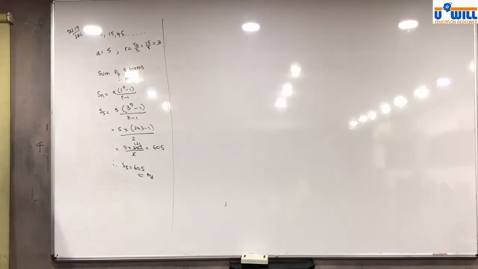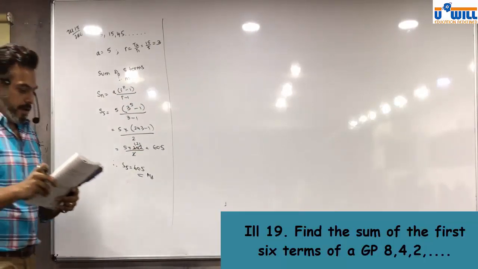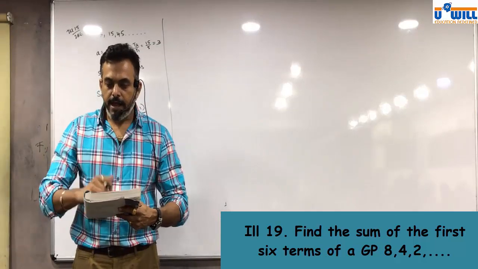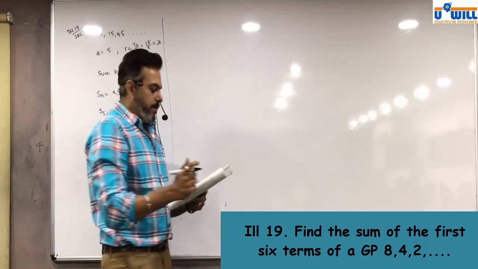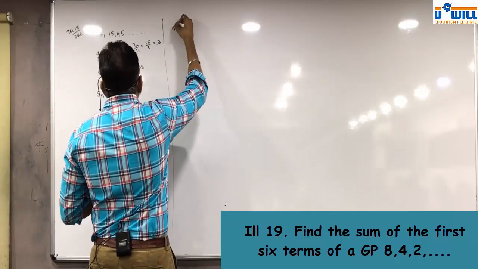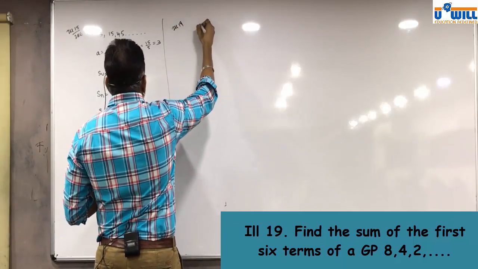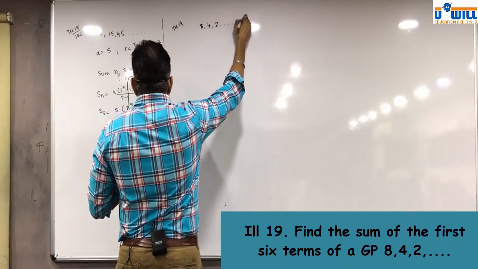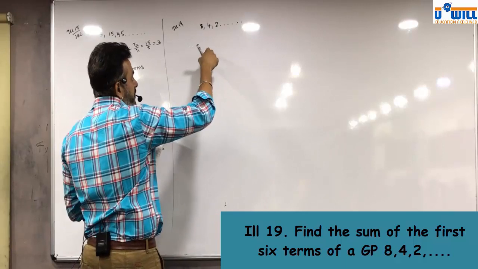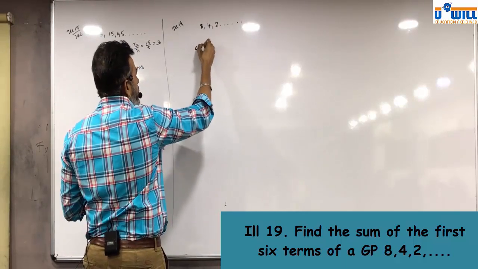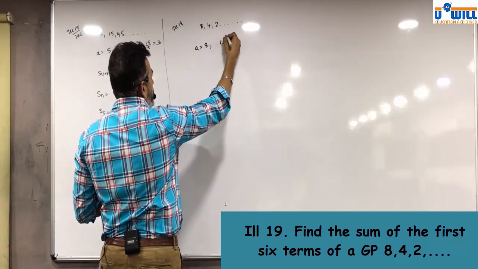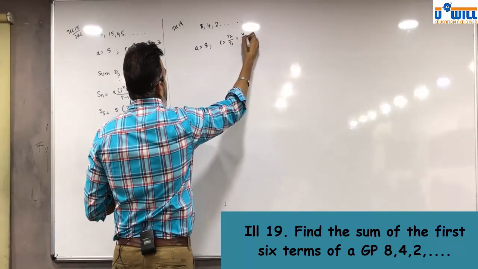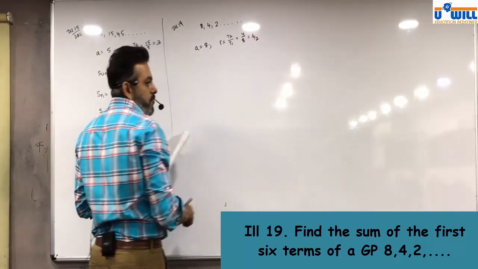Okay. Illustration 19. Find the sum of first 6 terms of GP 8, 4, 2. Let's write GP 8, 4, 2. We have to find the sum of first 6 terms. So a is equal to 8, r is equal to T2 upon T1, which is 4 divided by 8, which is equal to 1 by 2.